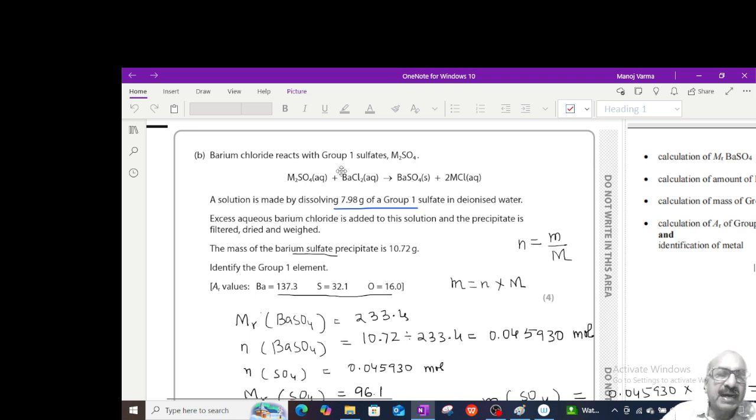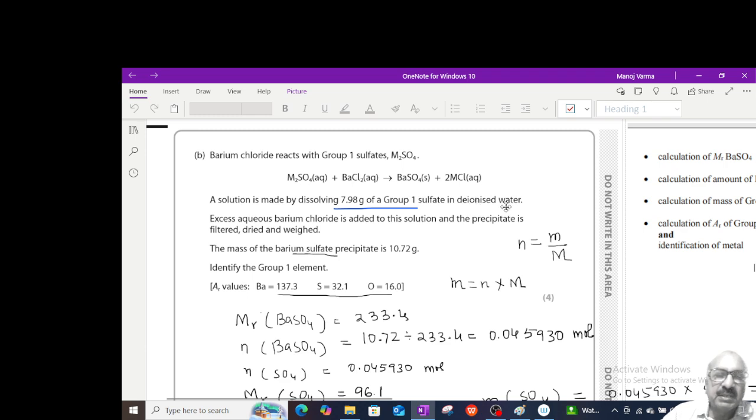Barium chloride reacts with group 1 sulfates, M2SO4, and according to this reaction it gives barium sulfate. A solution is made by dissolving 7.98 gram of group 1 sulfate, and it is dissolved in deionized water.